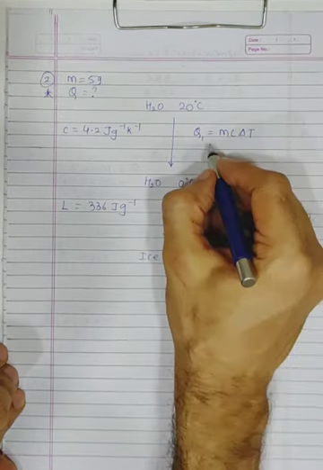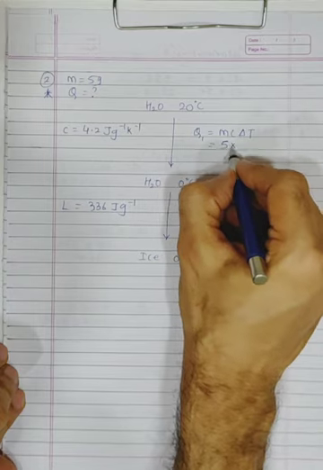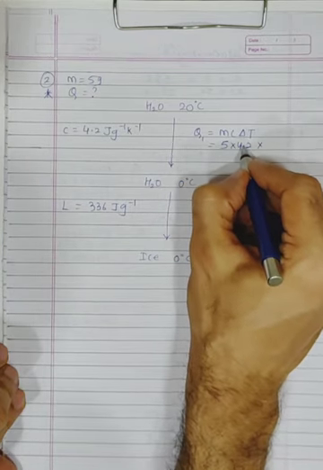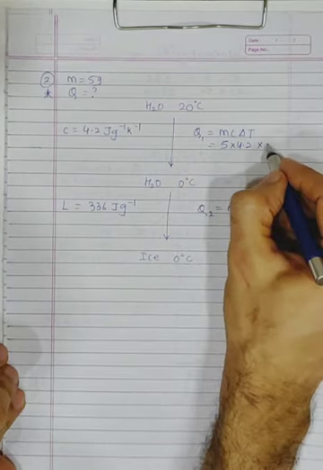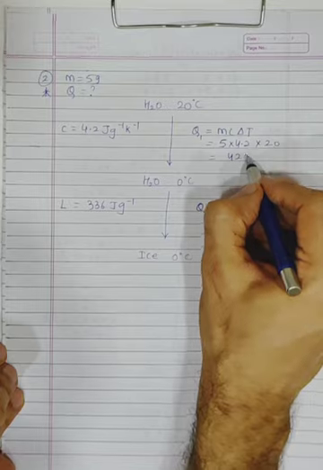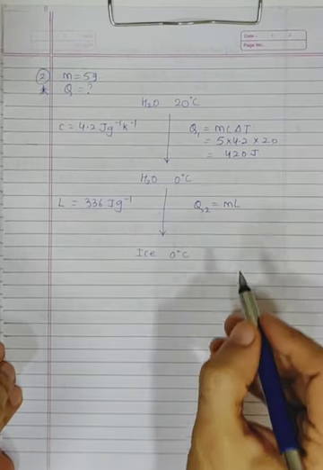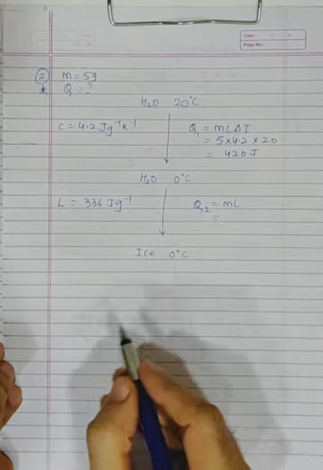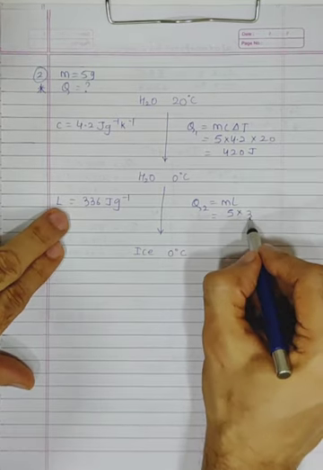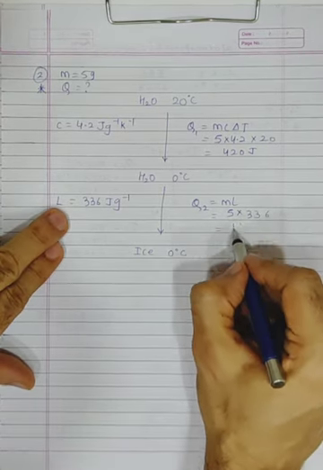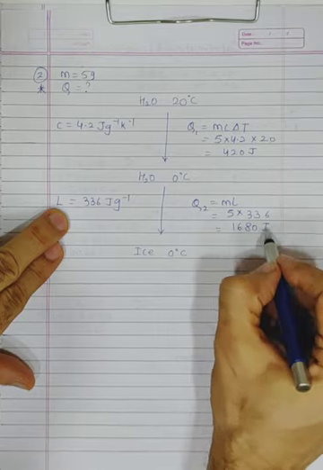Correct? How will you find out Q1? mc delta T. So 5 into 4.2. What is the delta T? 20 to 0 is 20. 5 into 20 is 100. 100 into 4.2 is 420 joule. Again, what will you do here? ml. So mass is how much? 5. What is L? 336. 1680 joule.